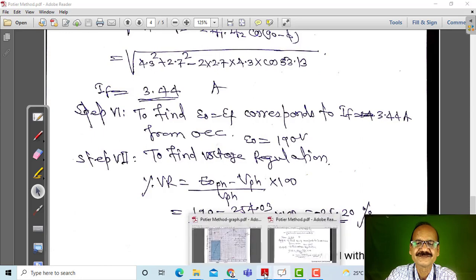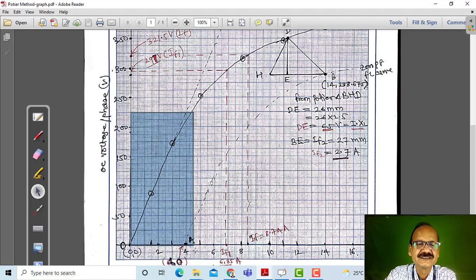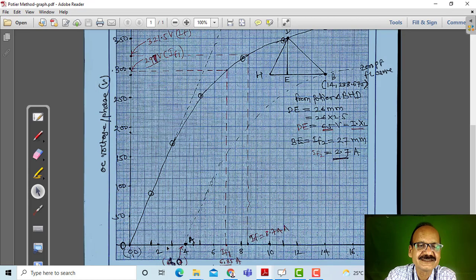From the graph, 3.44. Just a minute, here it is 3, and 3.44 is somewhat close to this one.